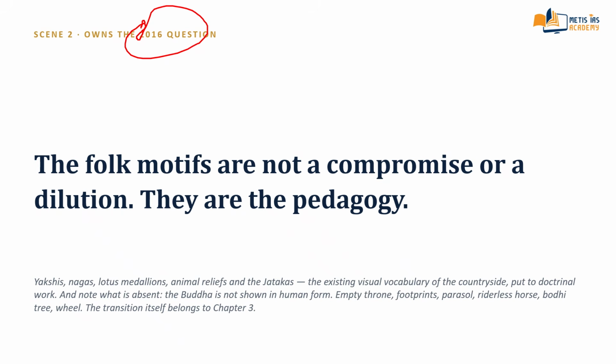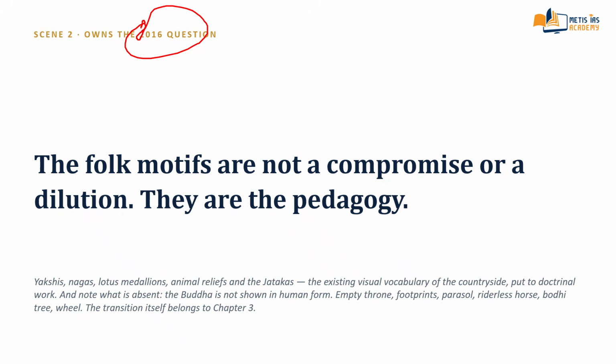First, establish that the motifs really are folk. Go to the railings and gateways of Bharhut and Sanchi and you find carved in profusion Yakshas and Yakshis, nature spirits from popular cult, standing on the pillars as guardians. The Shalabhanjika, the woman grasping the branch of a flowering tree, a fertility image far older than Buddhism.